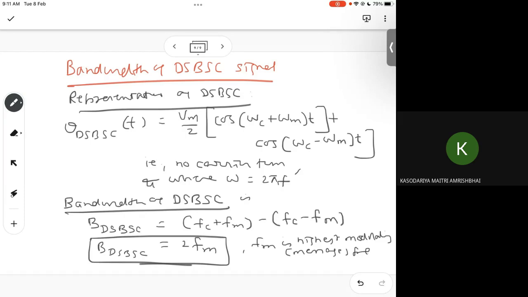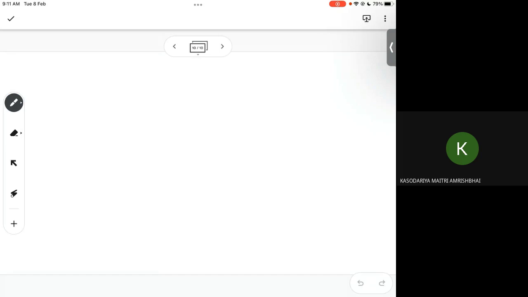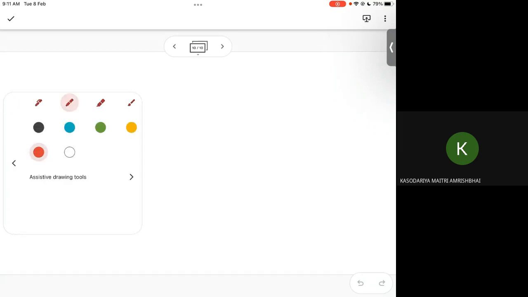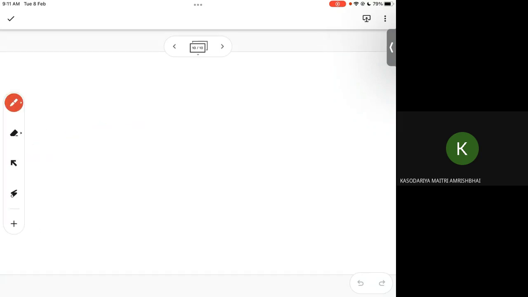Now, there is another one, what we call a single sideband suppressed carrier. Because of what we have seen here, let me go to this next slide. Now we'll talk about another modulation, which is what we call SSB-SC, or simply SSB modulation.